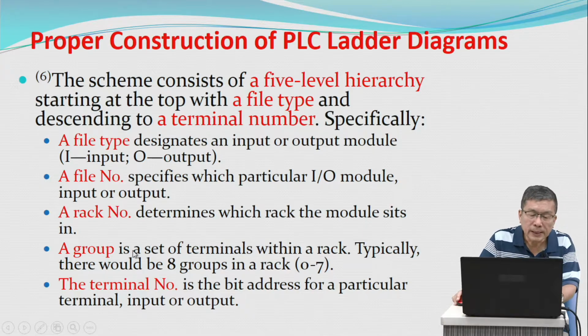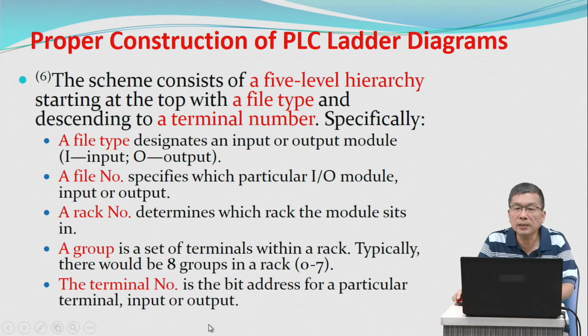A group is a set of terminals within a rack. Typically, there would be 8 groups in a rack, from 0 to 7. The terminal number is the bit address for a particular terminal, input or output.